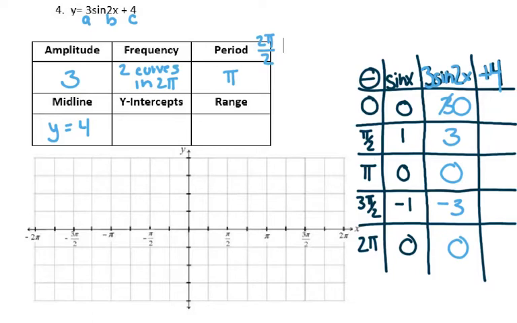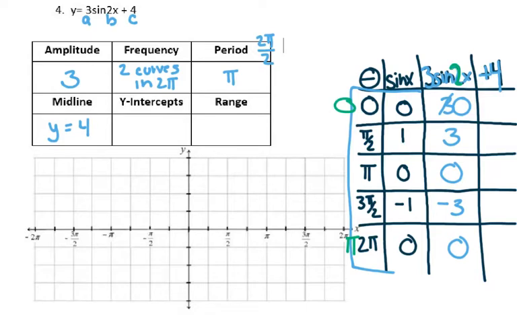Now I can tackle my B value, which was a 2. So that means, looking at my period, that it only is going to take these 5 points to occur, not from 0 to 2 pi like in our original parent function, but just from 0 to pi.